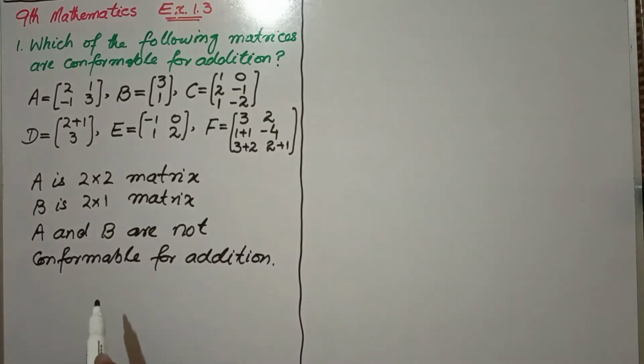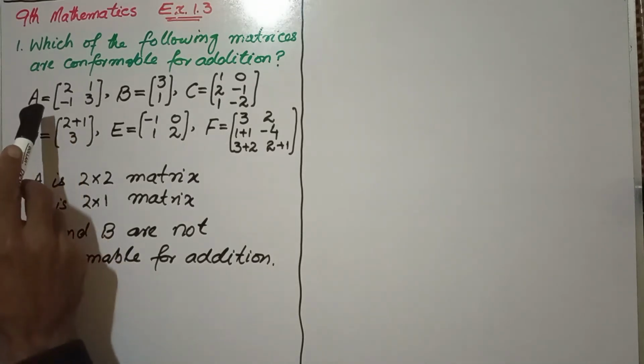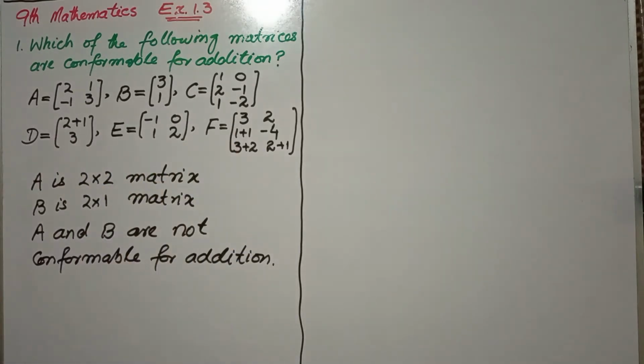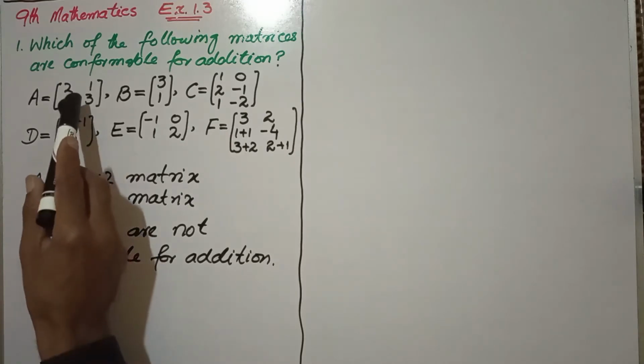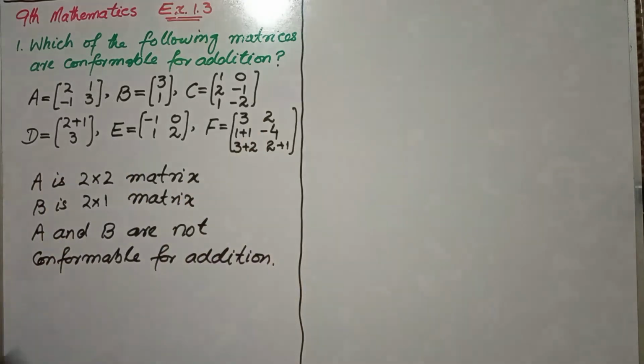That is, we cannot add the two matrices because they have different orders. Similarly, if we consider the addition of matrices A and C, we already know that A is of order 2 by 2 and C is of order 3 by 2. Thus, they are also not conformable for addition.